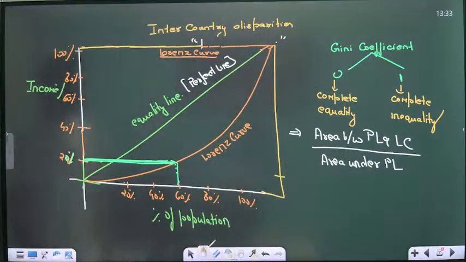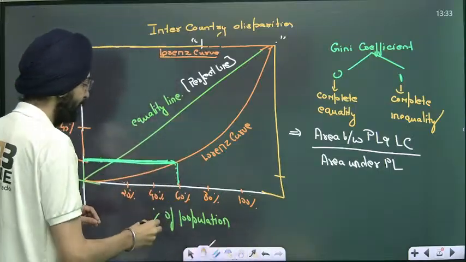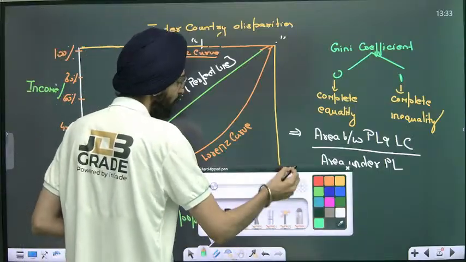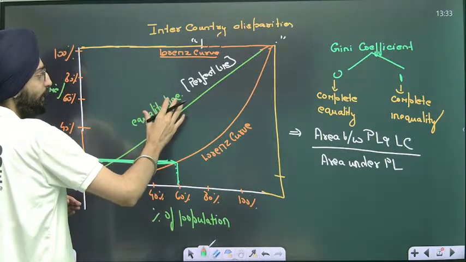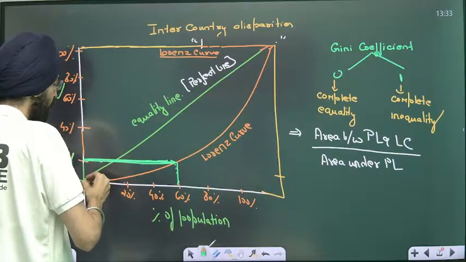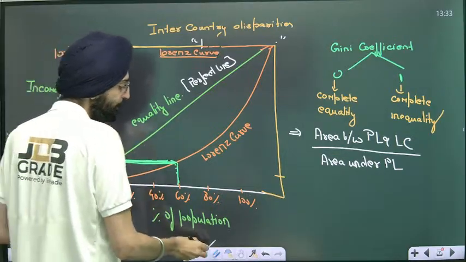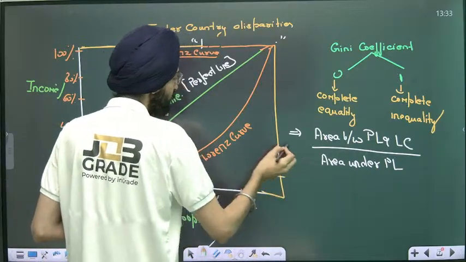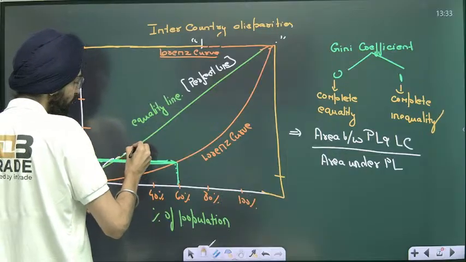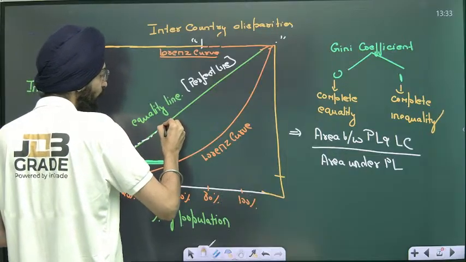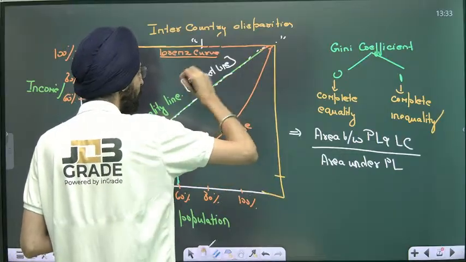Now take an example. If by chance I draw this Lorenz curve right above this equality line, or a perfect line, so there has been an overlapping of this Lorenz curve that I'm drawing with white color over this perfect line.